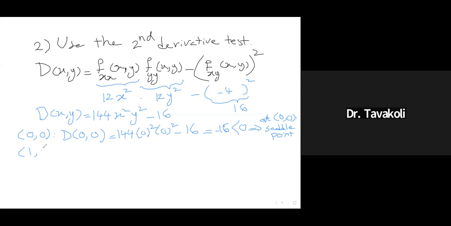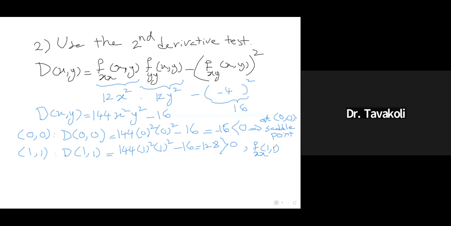Now, at 1, 1, I should look at D of 1, 1. So it is 144 times 1 squared times 1 squared minus 16. Obviously, this number, 128, is positive. So D at 1, 1 is positive. Now I should look at the second derivative with respect to x at 1, 1.